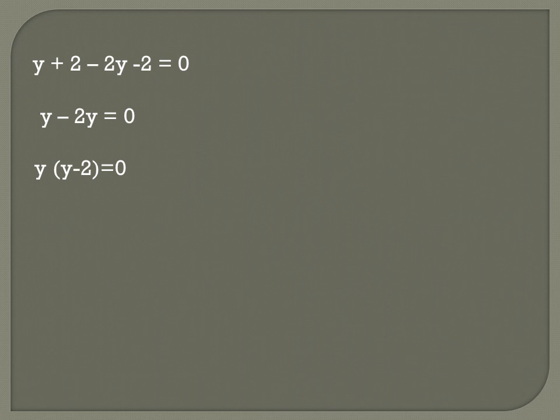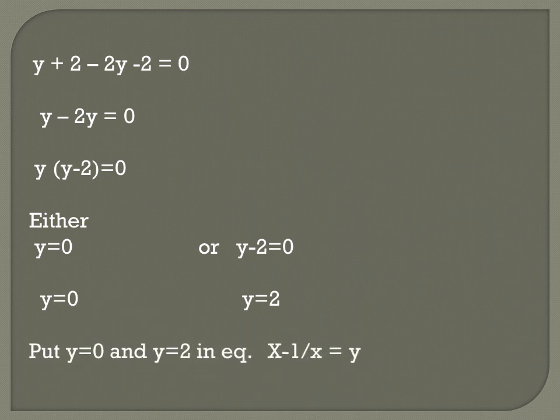Two possibilities are here: y is equal to 0 or y minus 2 equal to 0. When y minus 2 equal to 0, it will give us y equal to 2. So here we get two values of y, which are 0 and 2.